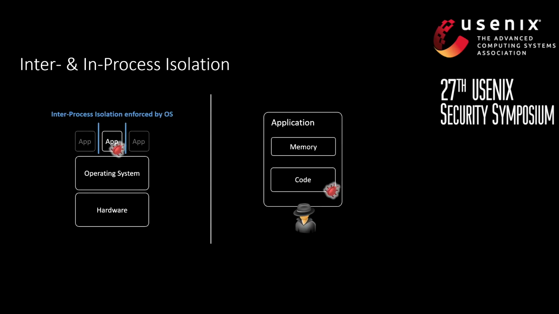But as I explained, there is no actual in-process isolation. An attacker that corrupted the code can further corrupt the memory and then gain complete control over the application if there's a single vulnerability with a read-write primitive on memory. So what we need to fix this is some kind of isolation.